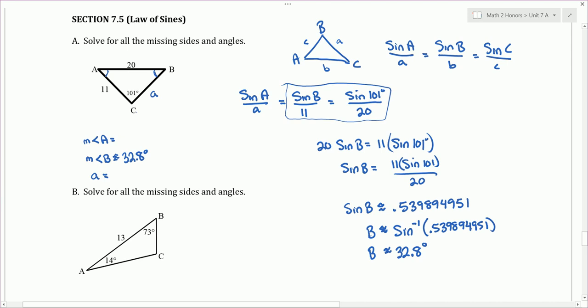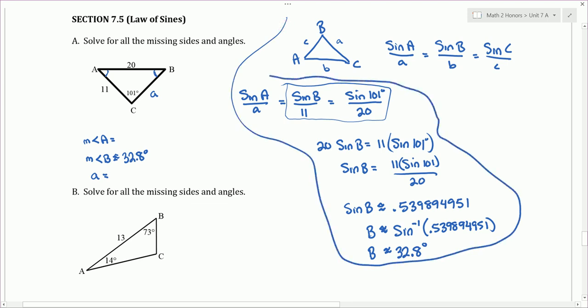I know the measure of angle C. We found the measure of angle B. We can now do some work to find, so this is all for the first part here, right? All three angles add up to 180. So capital A, that'll be the measure of our angle A, plus B, which is 32.8 roughly, plus 101 is equal to 180.